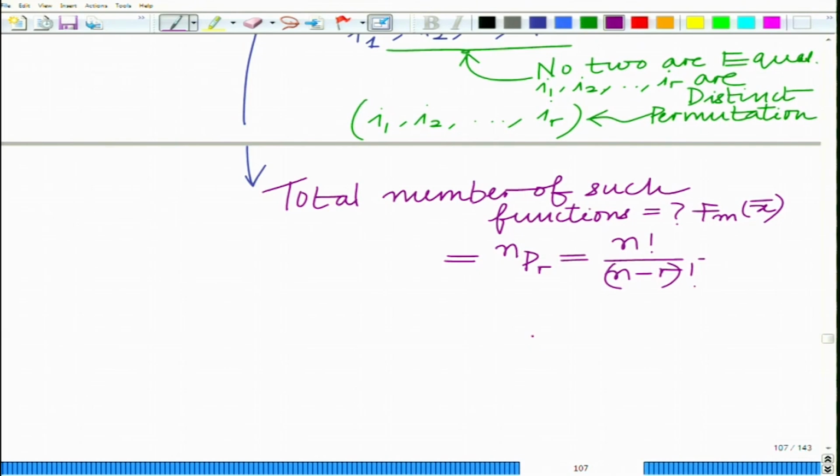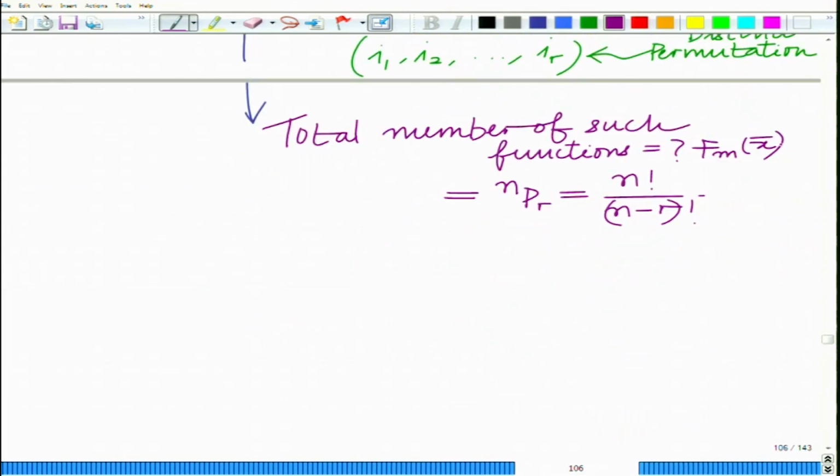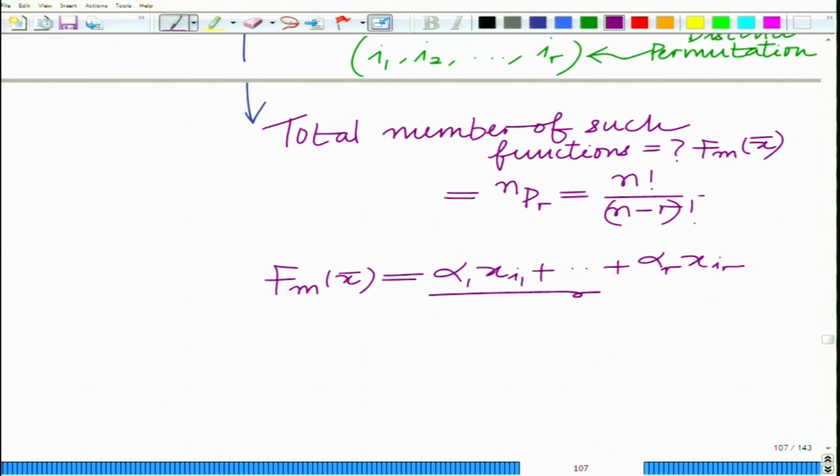Now, you can see that each of these is a hyperplane, that is f_m of x bar equals alpha 1 x_i1 plus alpha r x_ir.